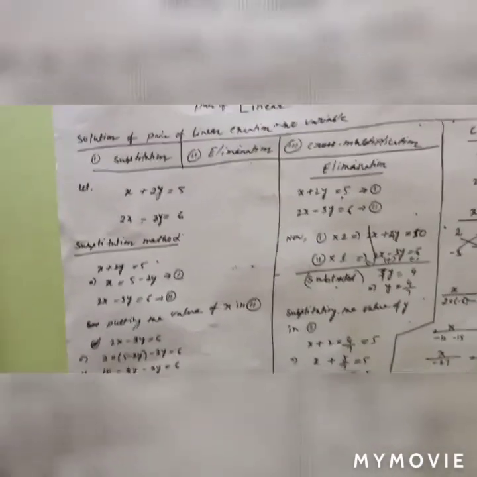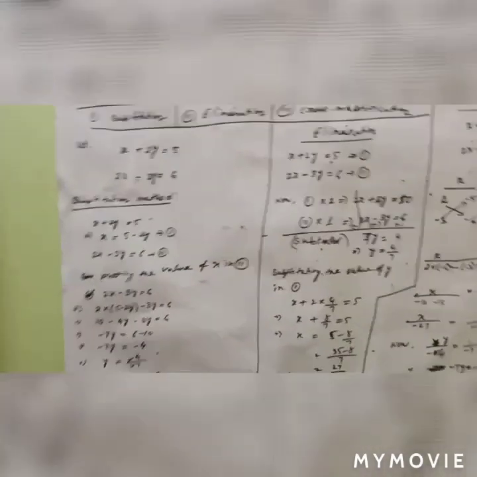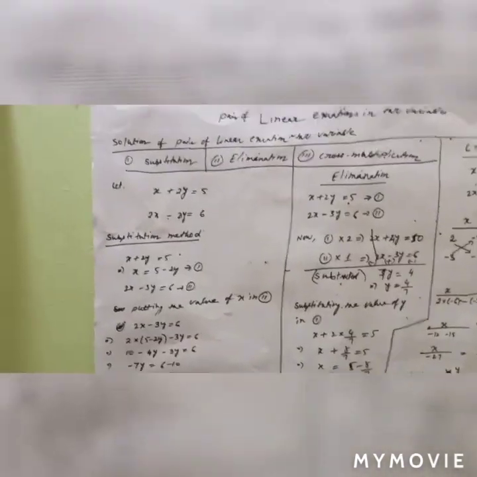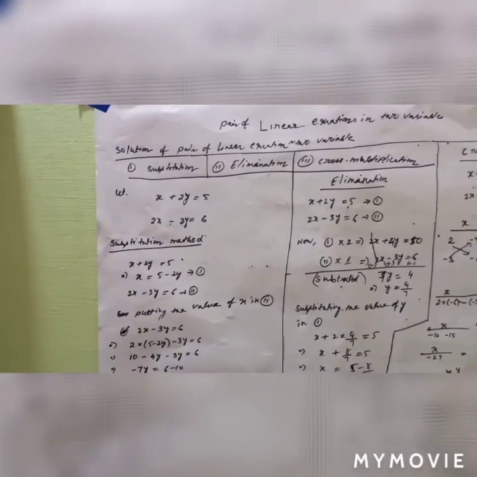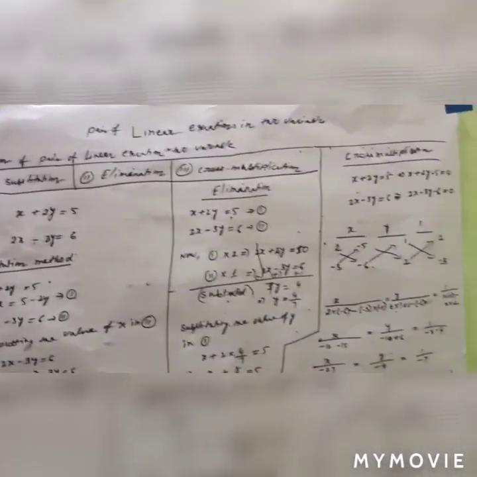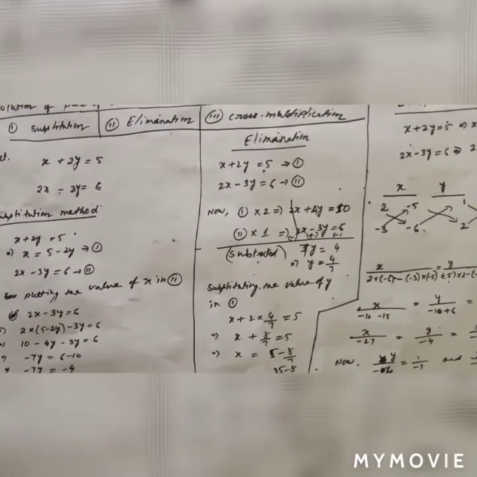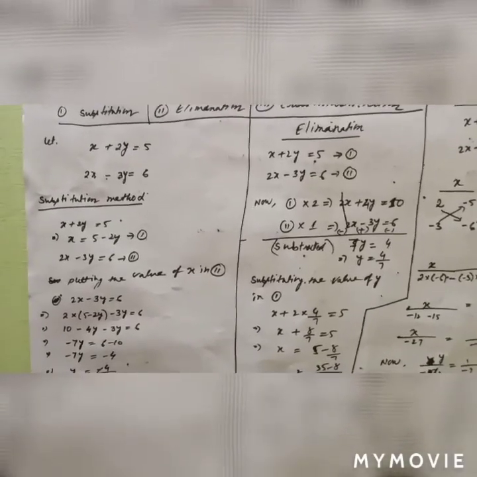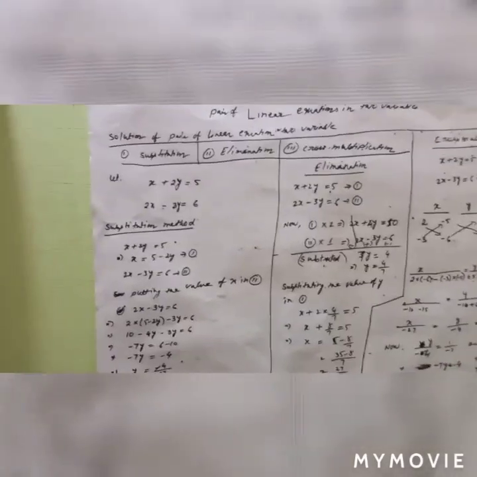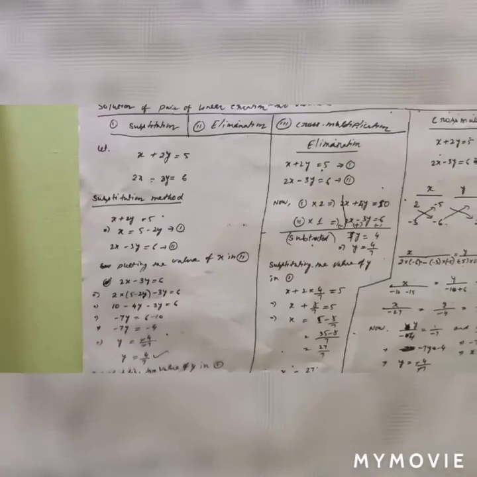We use the substitution, elimination, and cross multiplication methods for exactly one solution, not for coincident lines or infinitely many solutions. By these methods we find the exact solution, meaning the values of x and y, when the lines intersect at a point.